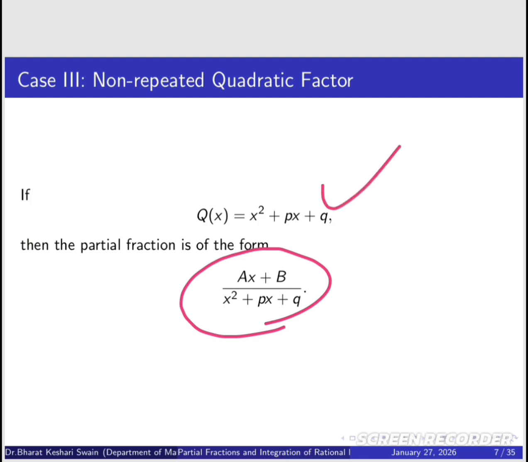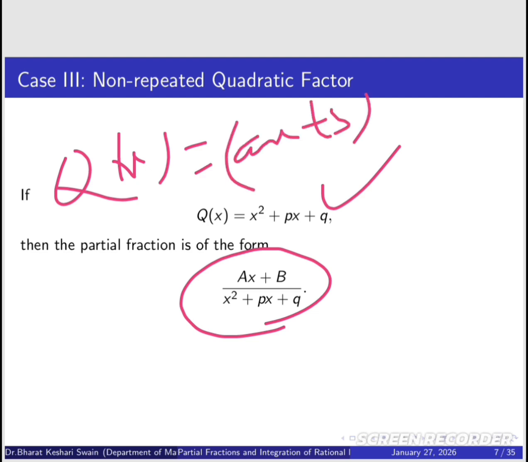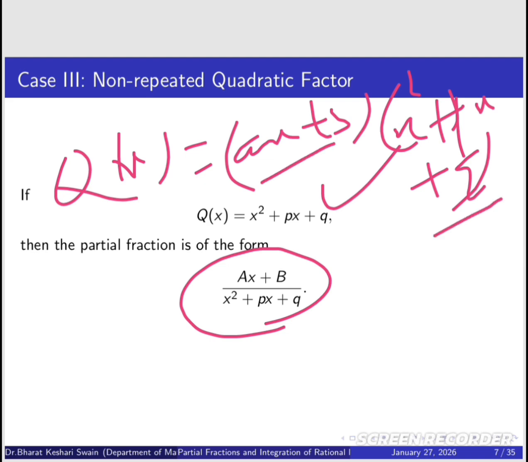Suppose your qx is in the form ax plus b into another quadratic form, x square plus px plus q. So qx has two factors, one is linear and another is a quadratic factor.